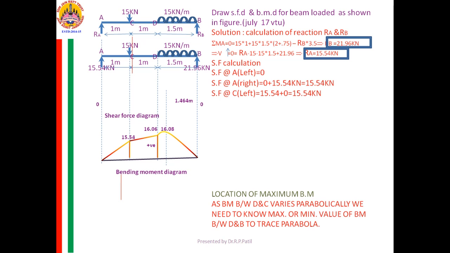What is the additional load between left of C and right of C? It is 15 kilonewton. Now see on what part it is acting and whether it is plus or minus.